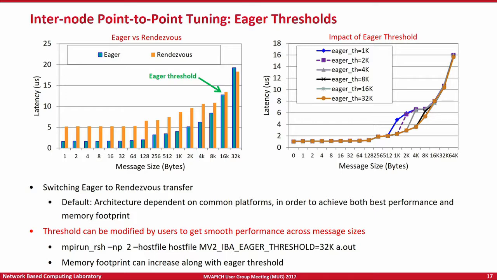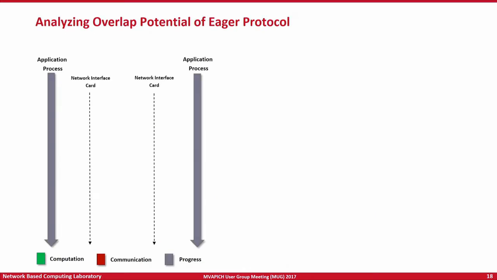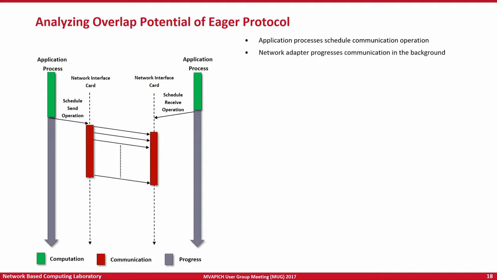If it is an eager transfer, because the entire buffer is already inside the MPI library and the library knows that there is enough buffer space on the receiver side to receive all of this data in one shot, the job of progressing the communication in the background can be completely handed over to the InfiniBand HCA. This means that as soon as control comes back, the application is free to progress its computation while communication happens in the background. One of the major benefits of this approach is that you get very good overlap of computation and communication, which results in better overall application performance.